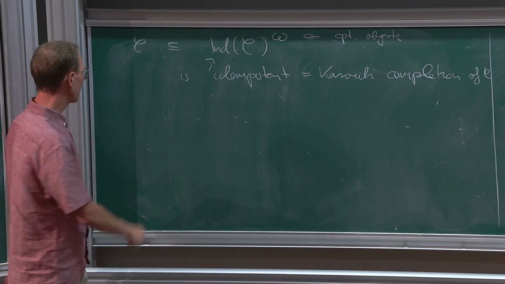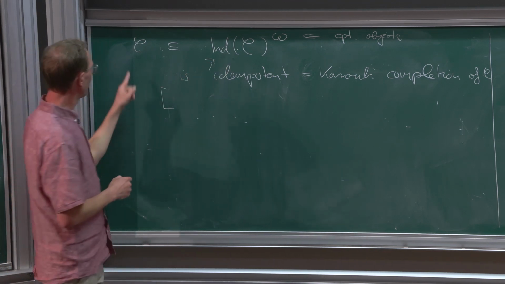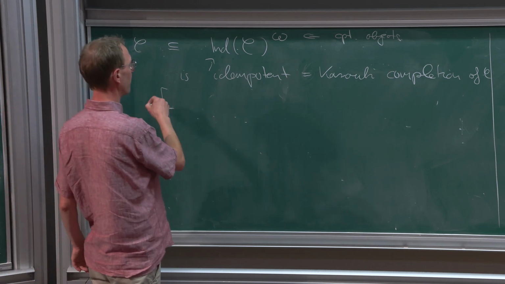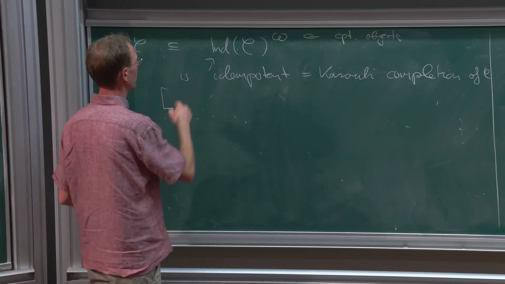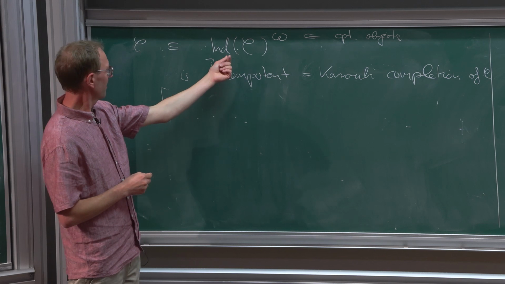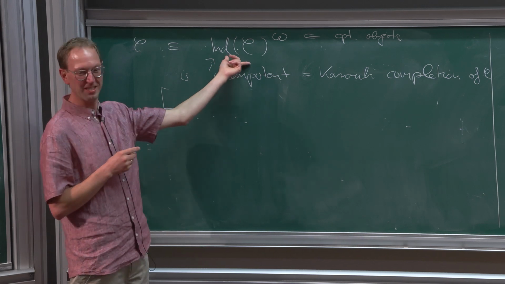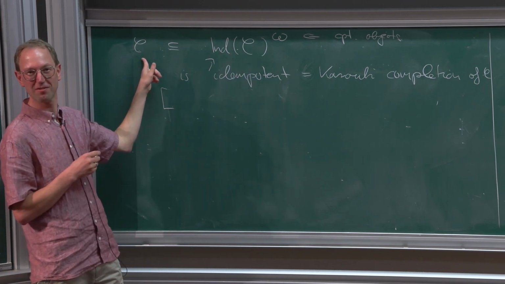Okay, so that's actually quite easy to check. Conversely, any object in the Ind-completion is a retract of some object of C.